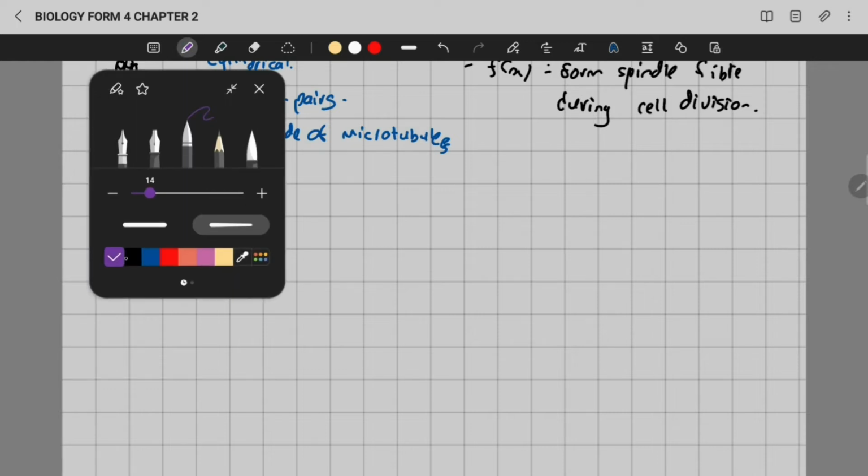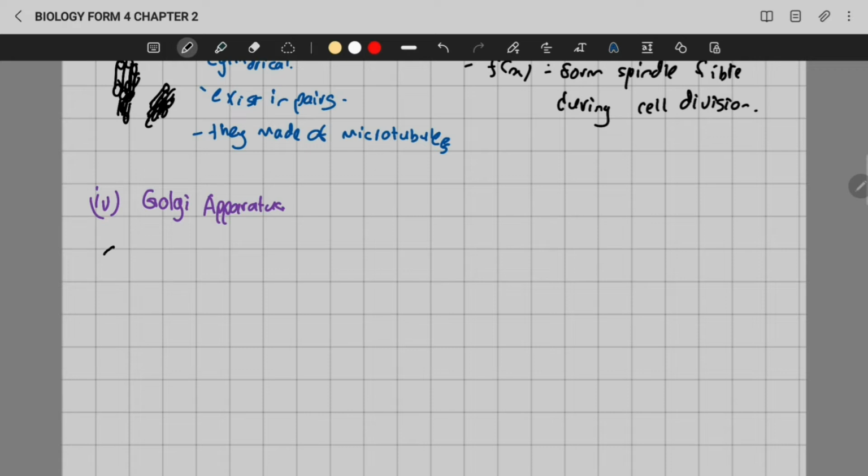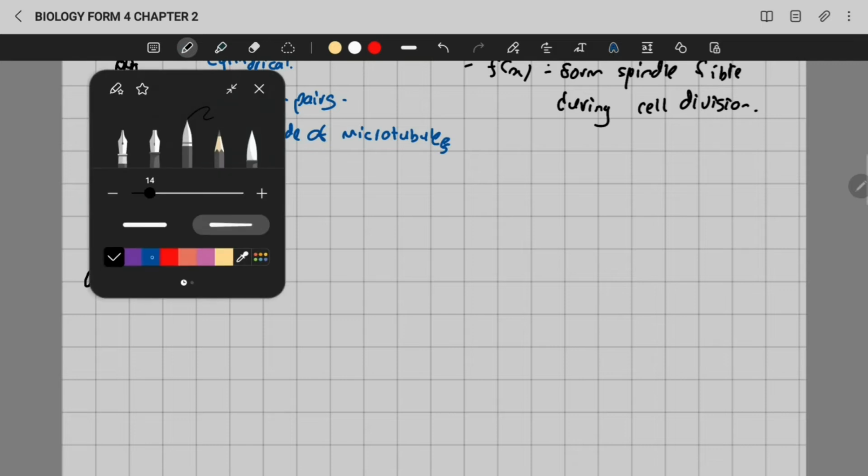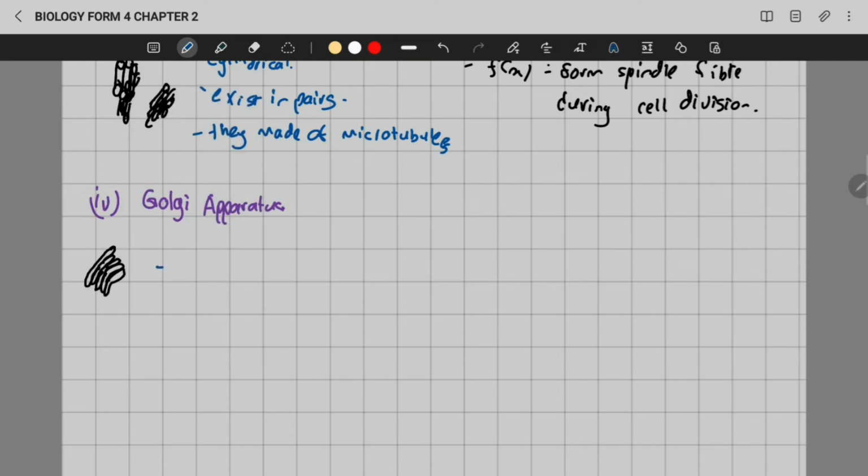The Golgi apparatus is usually located near the plasma membrane, and it is made of flattened sacs, a stack of flattened sacs, covered by a single layer of membrane.